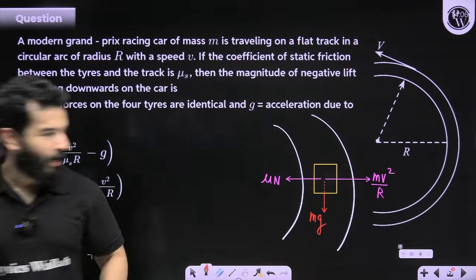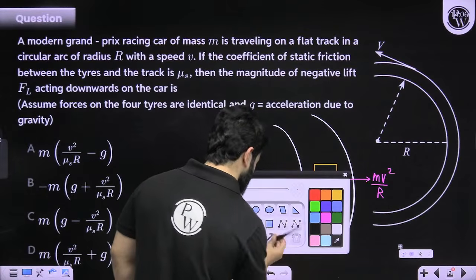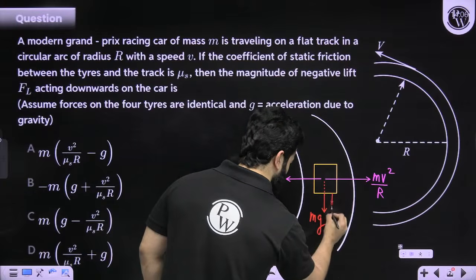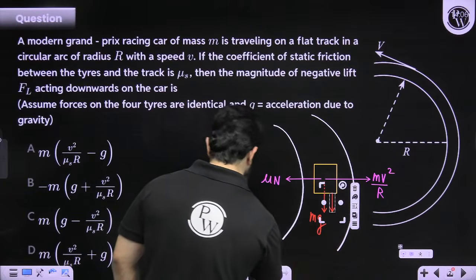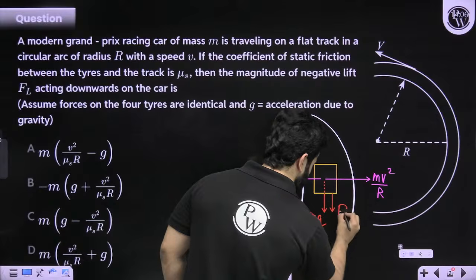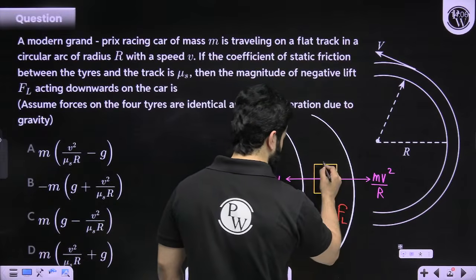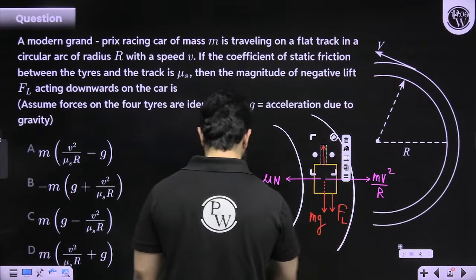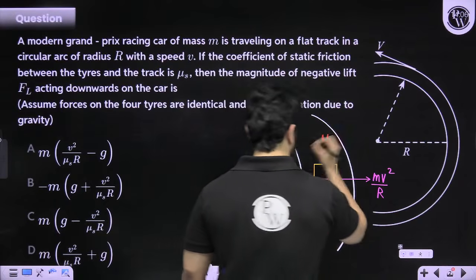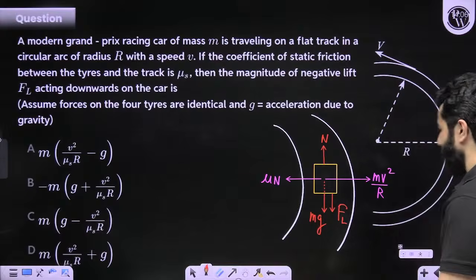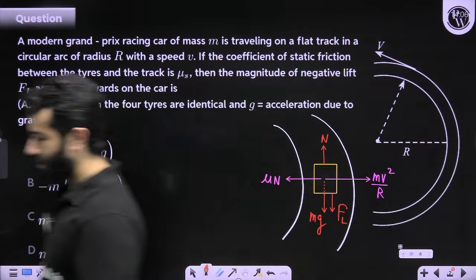Clear? Let's draw the downward lift and call it FL, and then we have a normal reaction which is acting upwards, something like this. All right, clear?